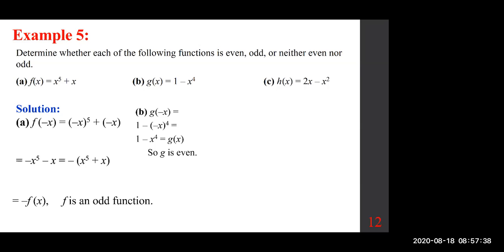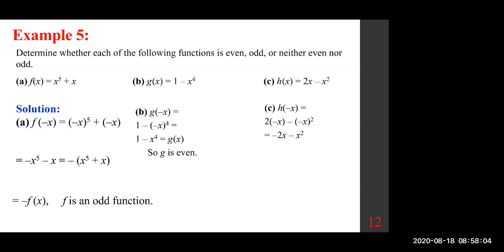We do the same thing for C, h of minus x. And we simplify. We get negative 2x minus x squared. So what's going on? It doesn't look like h of x. So it's not an even function. It doesn't look like negative h of x.